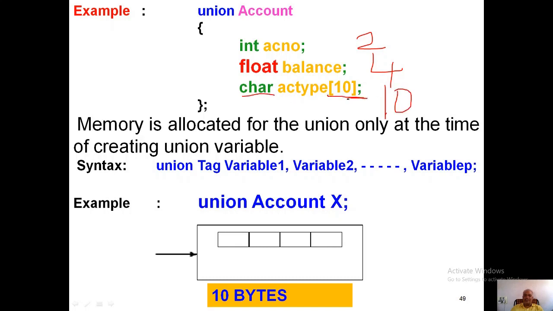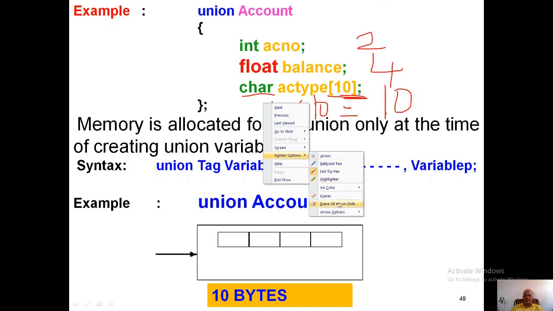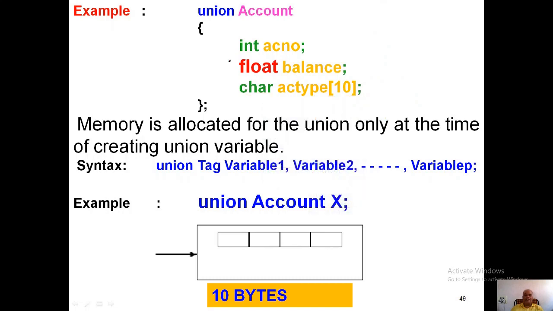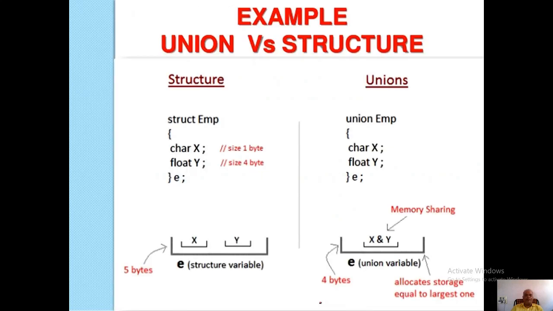How many characters here? 10 characters, so 1 into 10 equals 10 bytes. So this is going to reserve the space of 10 bytes only. But if it were a structure, it would be 10 plus 4 is 14, plus 2, 16. But here it is only 10 bytes.